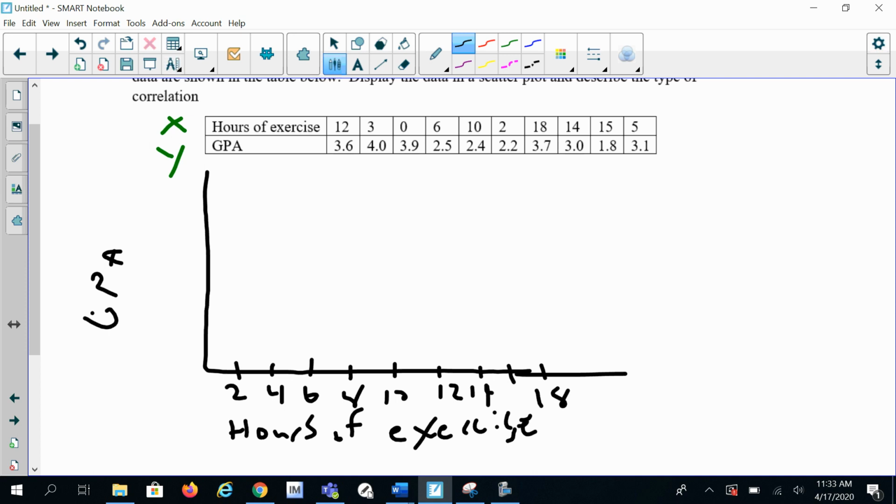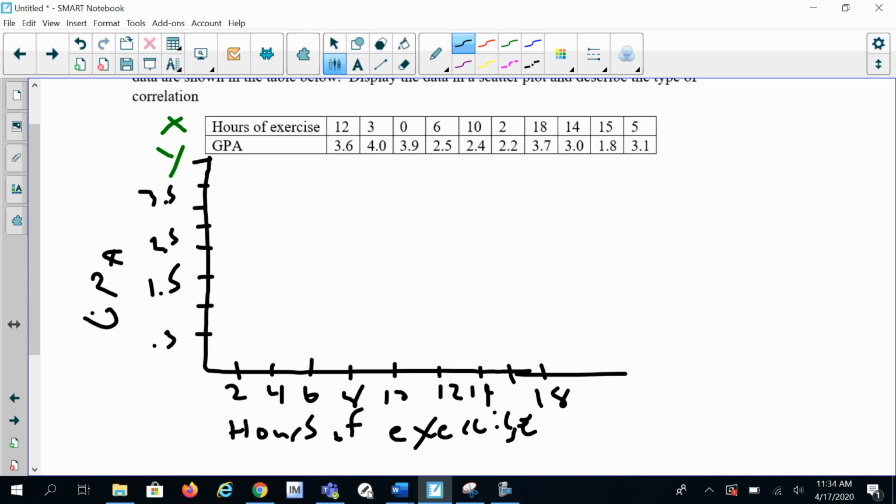And then GPA, maybe 0.5, so you have to go up to 4. So 0.5, this is 1, 1.5, 2, 2.5, 3, 3.5, and then 4.